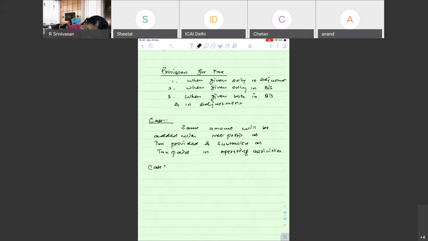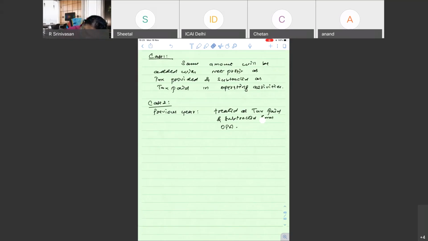Case 2, when it is appearing only in balance sheet, what will we do? It is treated as tax paid and subtracted from operating activities.